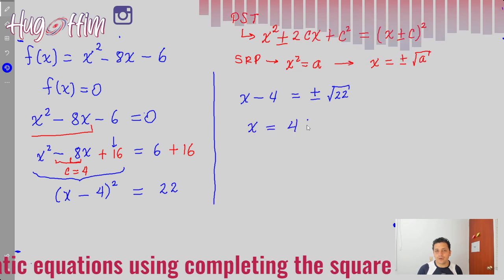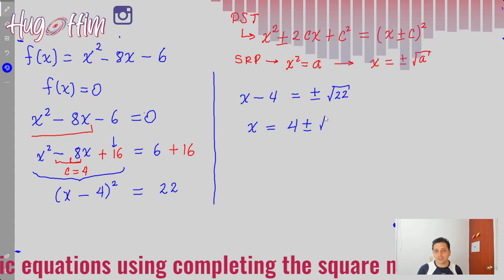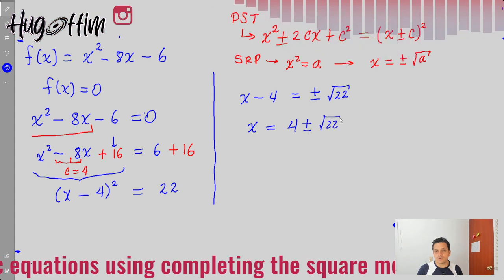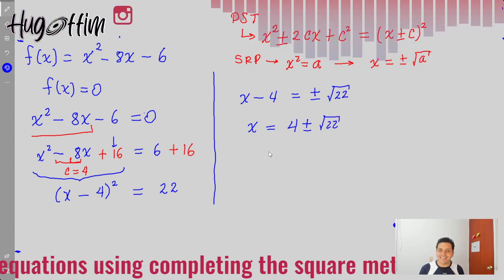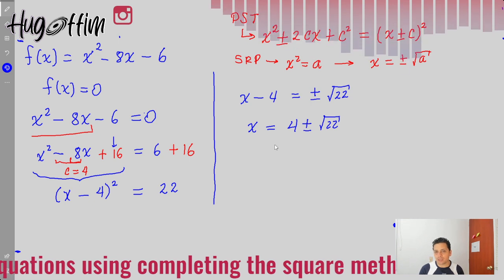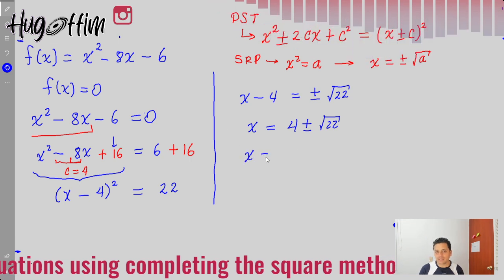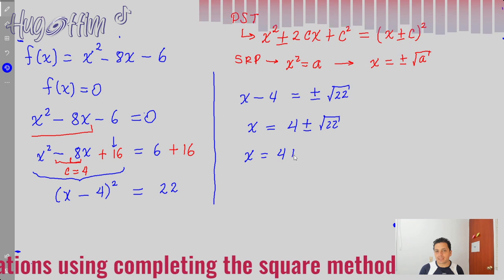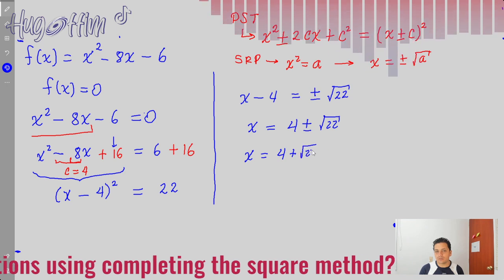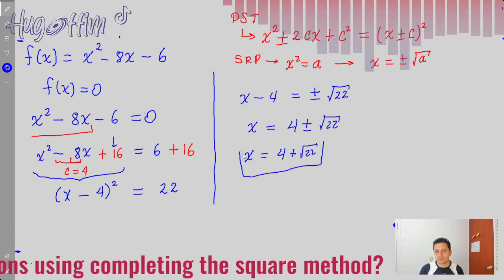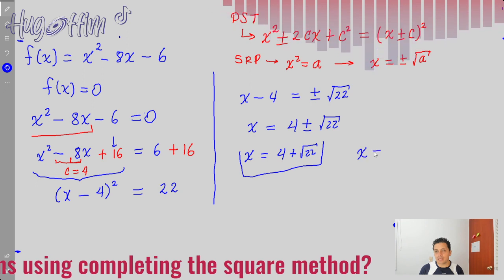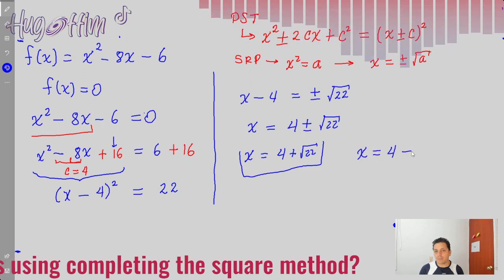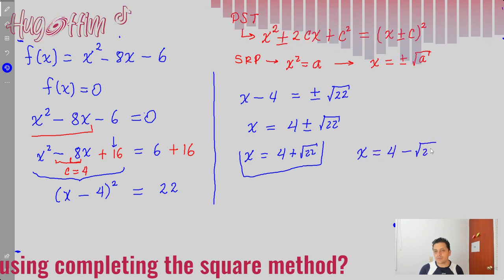So 4 plus or minus the square root of 22. Now I have two solutions, one with positive, the other with negative. So x equals 4 plus the square root of 22. This is solution number 1. And solution number 2 will be x equals 4 minus the square root of 22.